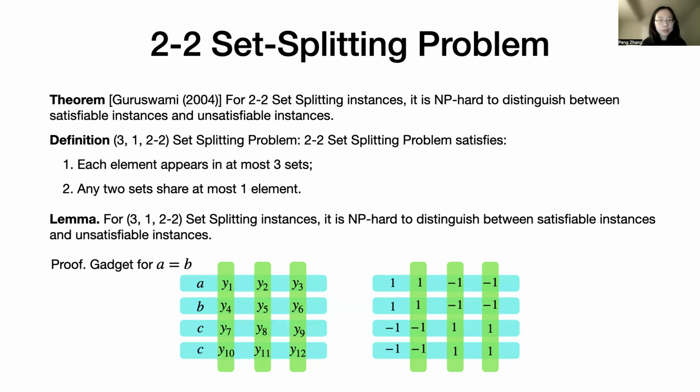If all these 3 green sets are satisfied, then half of the Y elements must be assigned 1, and half of the Y elements must be assigned -1. Then we look at all the 4 blue sets. If all these 4 blue sets are satisfied, then element A must be equal to element B.